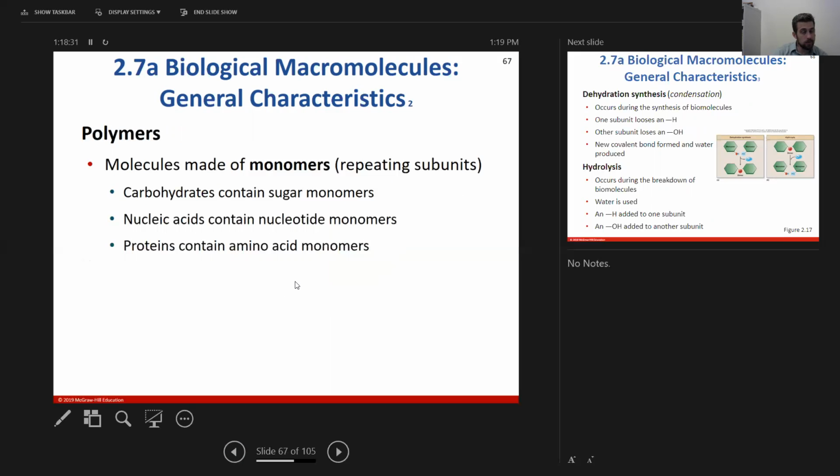Which brings us to polymers. A polymer is a group of repeating subunits, right? So for example, a starch. One molecule of starch has a whole bunch of glucose molecules chained up next to each other. They're all bonded covalently.